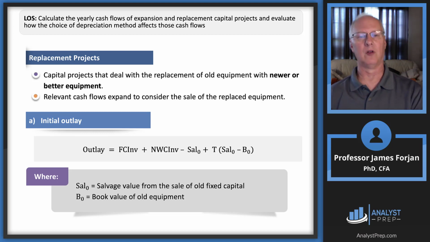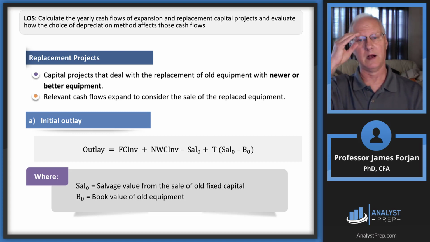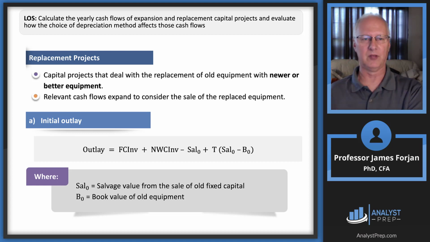The reading calls this fixed and net working capital. And then we need to worry about, okay, what are we doing with the old equipment? Well, we're probably going to sell it. And when we sell it, we're probably going to have some tax obligations. So that's the minus salvage value and then the tax implications there on top of the capital gain.